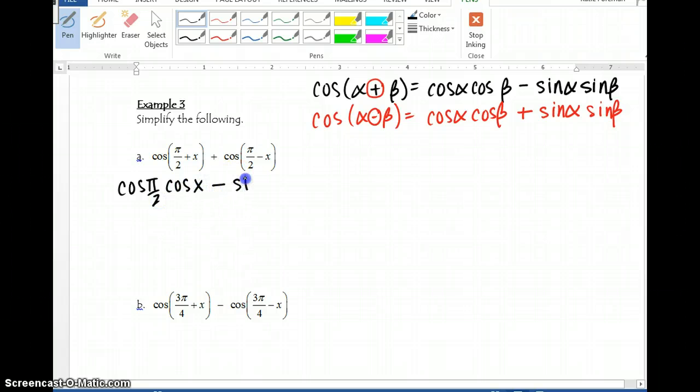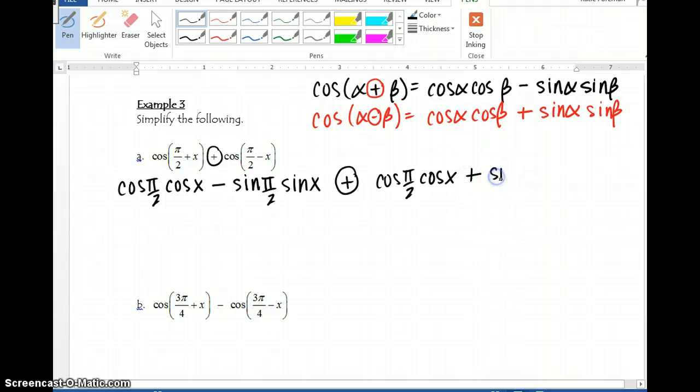Switch the operation. Sine of the first angle measure times sine of the second. The big plus sign, that's adding the two terms together. Cosine of the first times cosine of the second. Change the operation. Sine of the first times sine of the second.